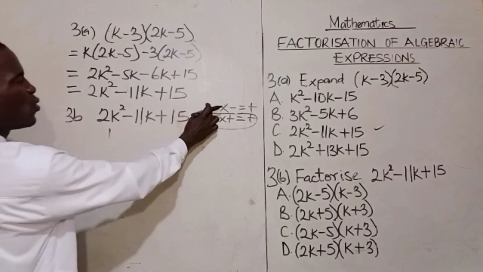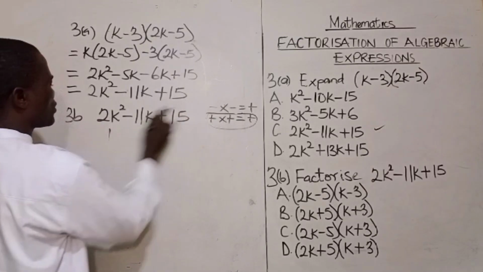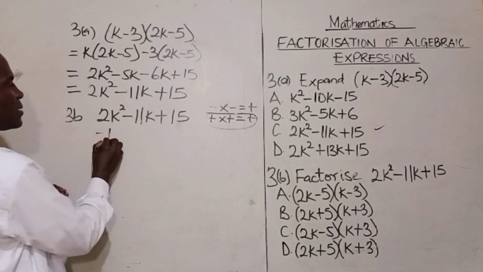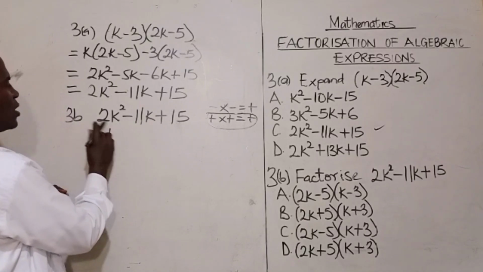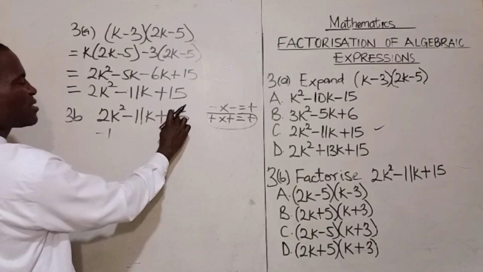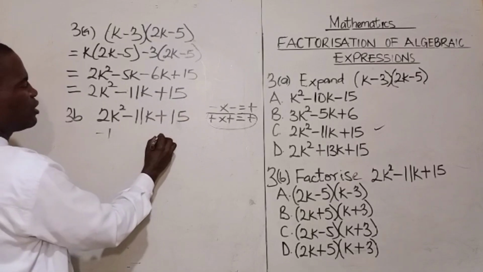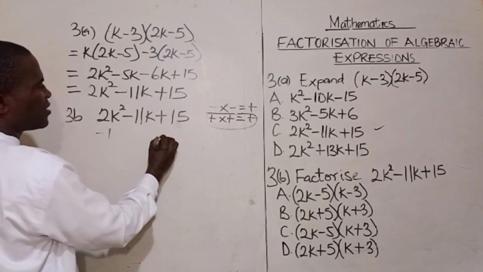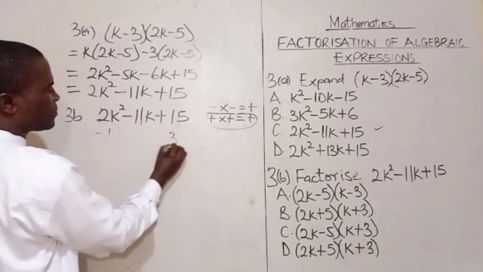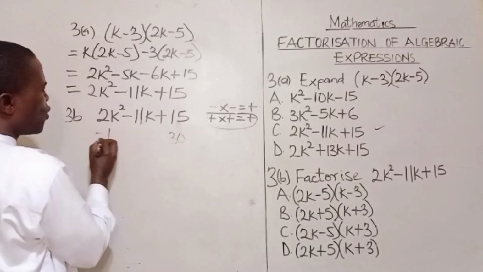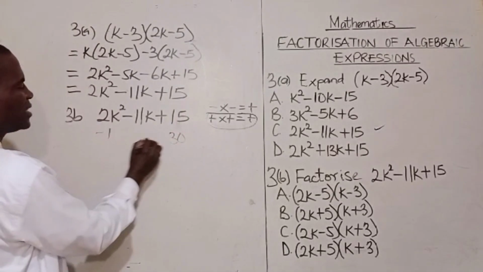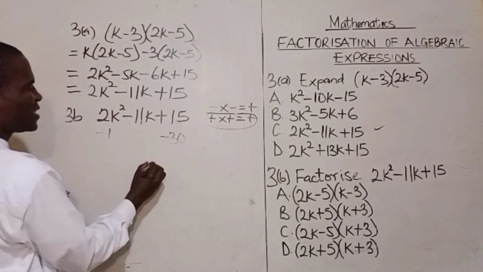Don't forget, we are dealing with minus 1 and minus 1. So here is minus 1. Then 2 times plus 15 gives us 30. So here is minus 1 and minus 30.